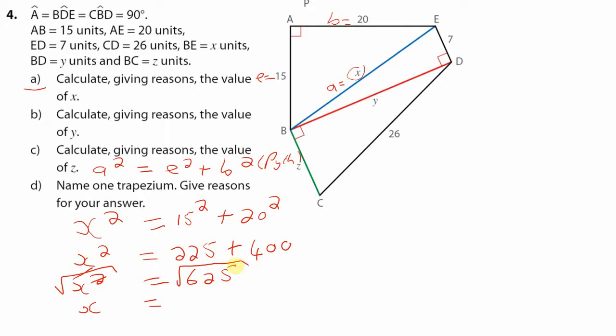Yes, the answer is 25 times 25. So since we have a square root, we need to keep one of our 25. So the answer is in fact x equals 25 units.